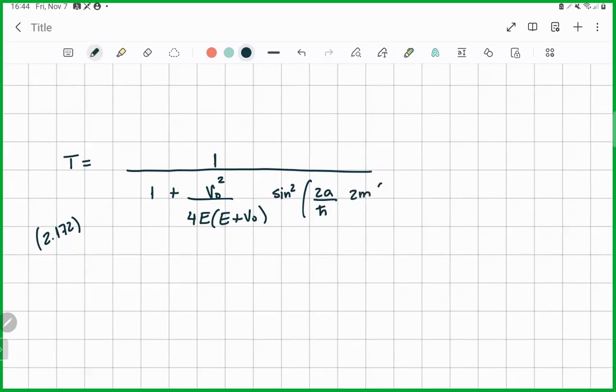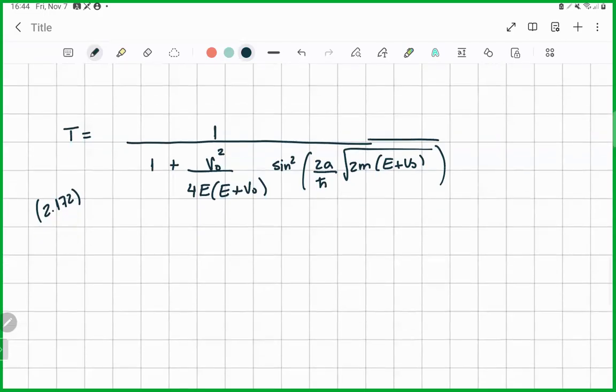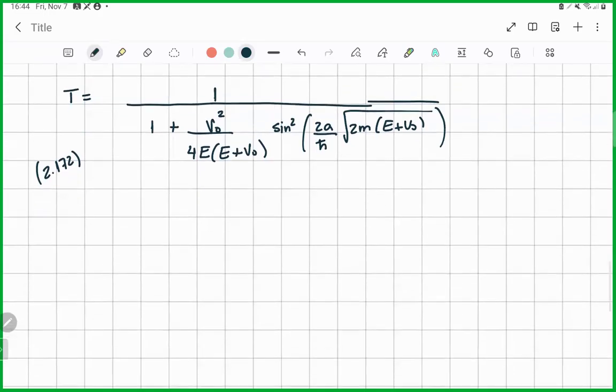Because what would we usually expect in this kind of problem? So this is the equation. Well, we have our potential energy.